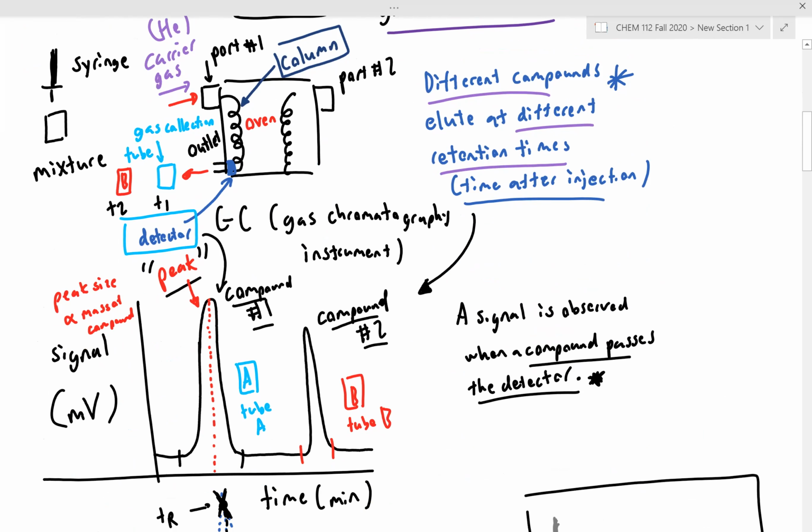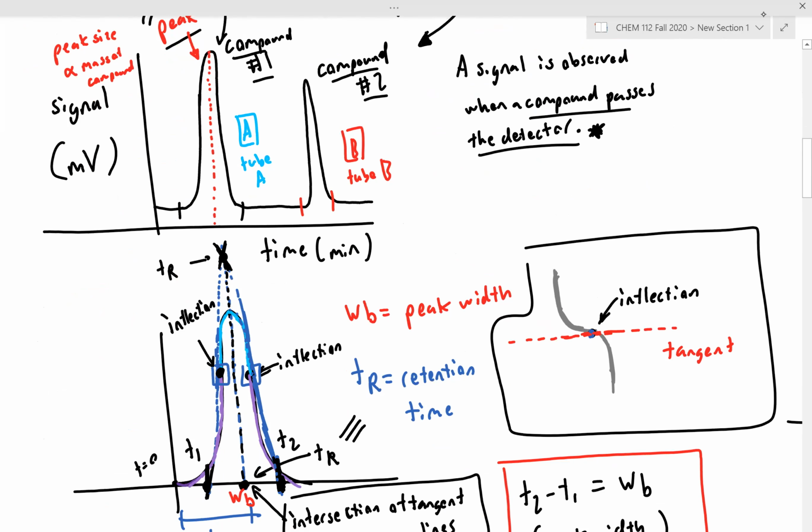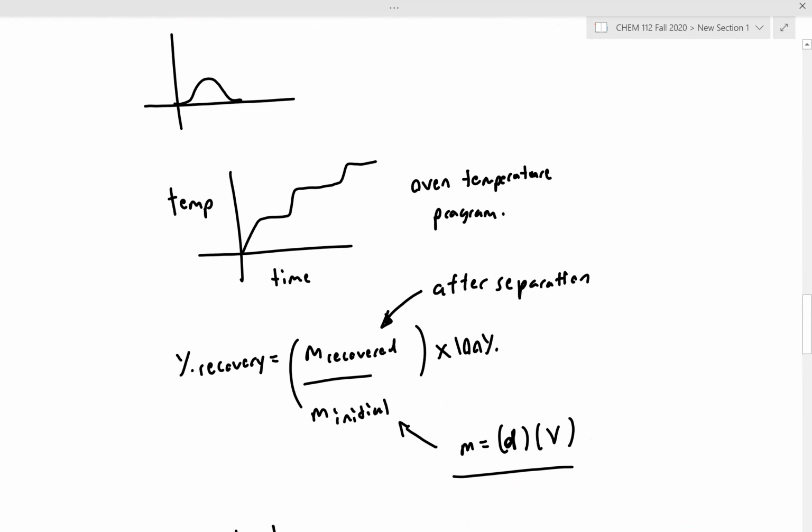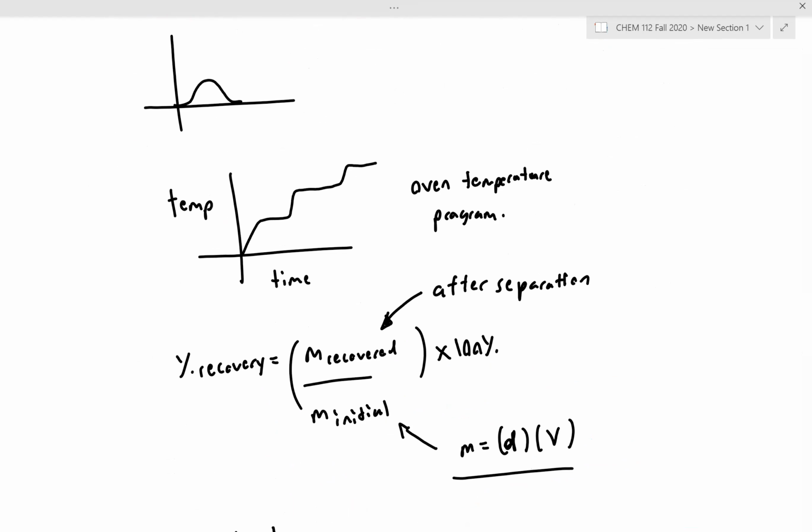Once we've calculated each of our peak heights and peak areas and collected each of our samples, we're going to calculate the recovered sample, which is the mass of our sample recovered from our gas chromatography column divided by the initial mass of our sample that we injected, which we can calculate using the density and volume of sample injected. This gives us our percent recovery for our sample.